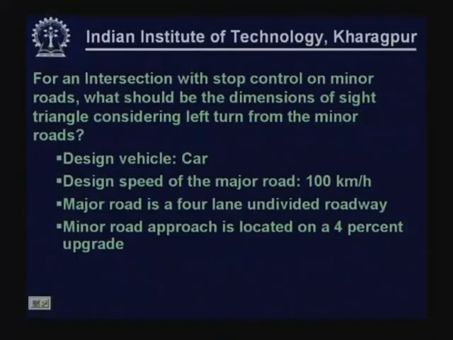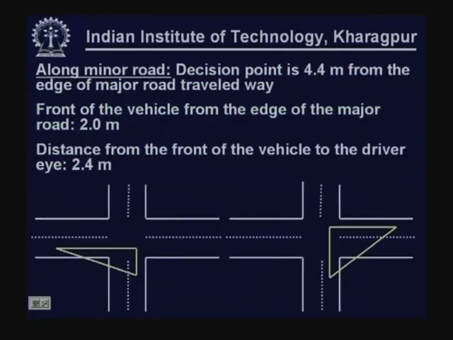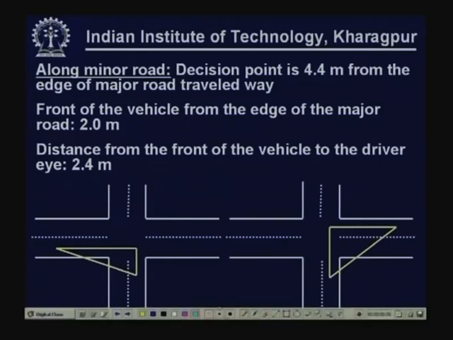The last question was: for an intersection with stop control on minor road, what should be the dimension of side triangles considering left turn from minor road? Design vehicle is car, design speed for the major road is 100 km per hour, major road is a 4-lane divided road and minor road approach is located on a 4% upgrade. Now, along the minor road, the decision point is 4.4 meter from the edge of the major road.